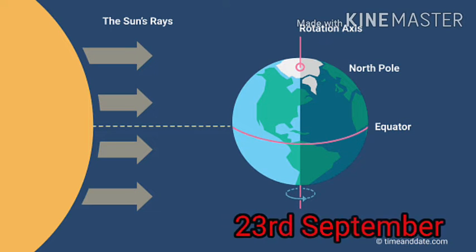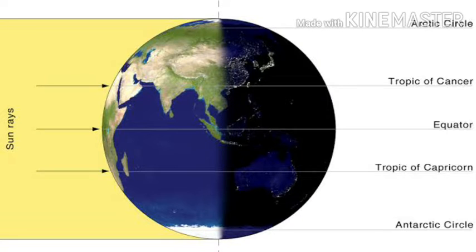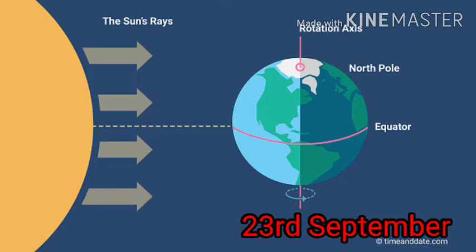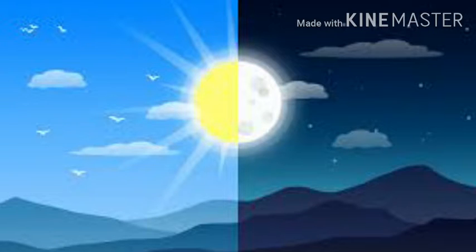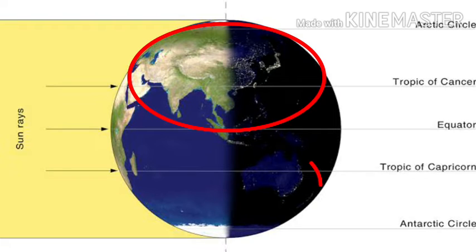Again, on 23rd of September every year, sun rays fall directly on the equator, and all the latitudes of the earth are at equal distances from the sun, and due to that, the length of day and night is equal in both hemispheres.